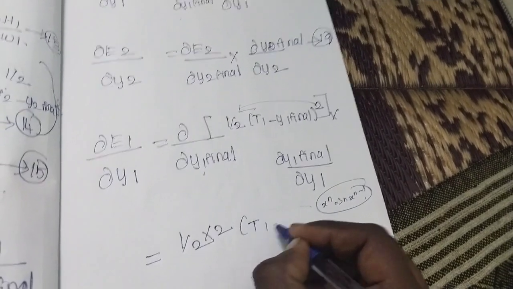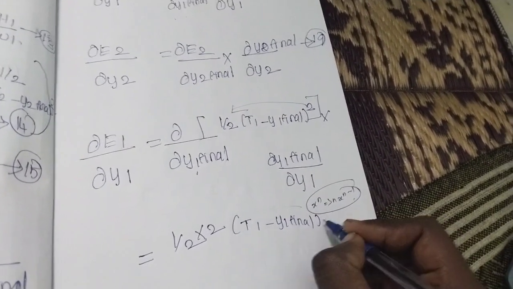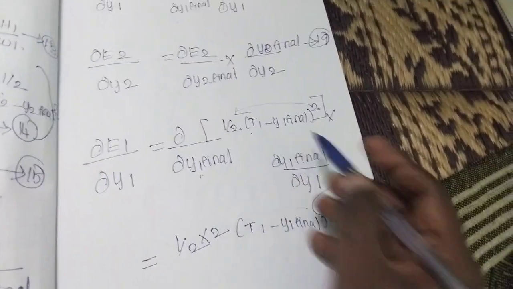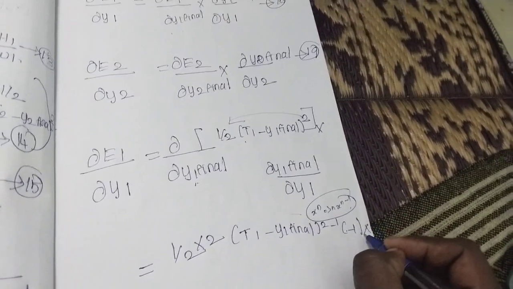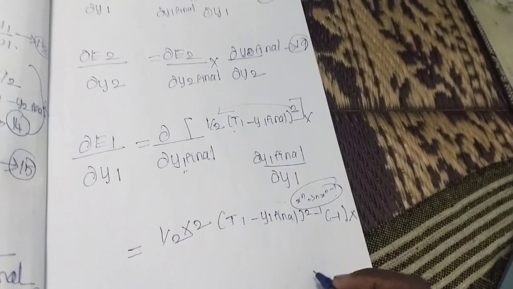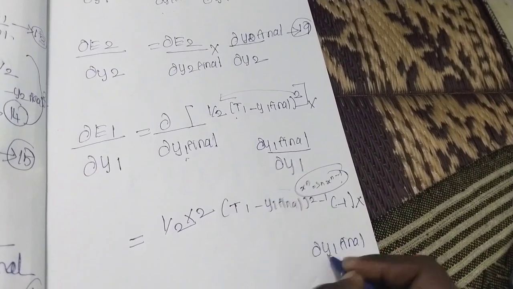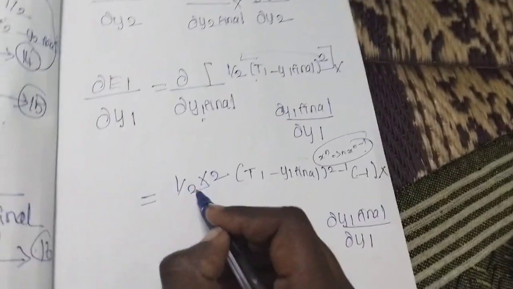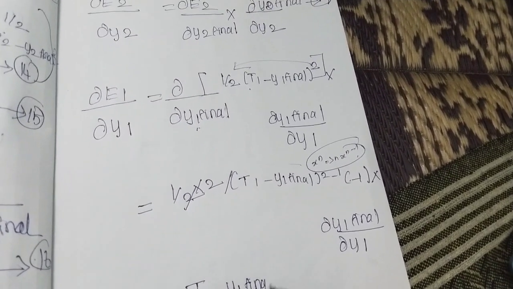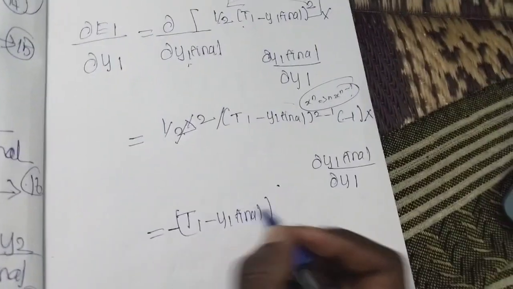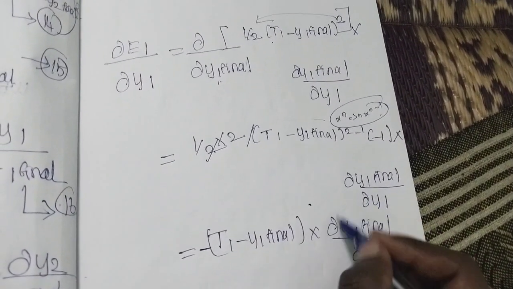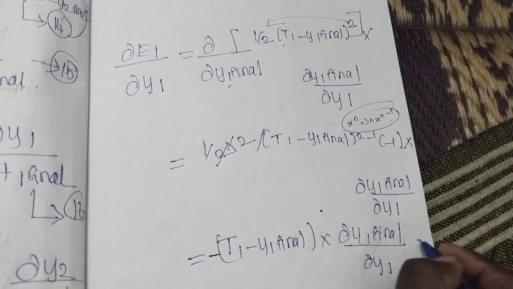That is (t1 − y1 final) to the power 2 − 1. Inside, you differentiate with respect to y1 final: this is 0 and this gives −1, times ∂y1 final divided by ∂y1. You cancel these values and you get (t1 − y1 final) to the power 1, with a negative sign, and the remaining ∂y1 final divided by ∂y1. We already got the value for ∂y1 final by ∂y1 in the 8th equation.